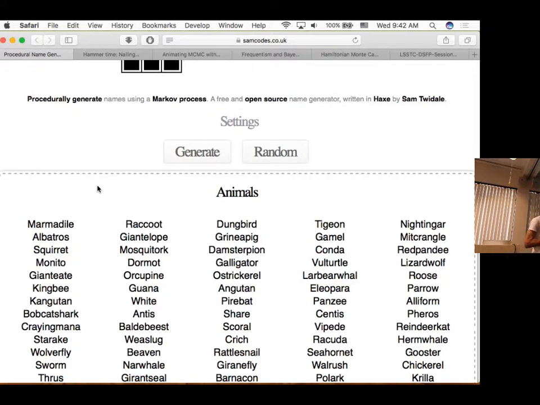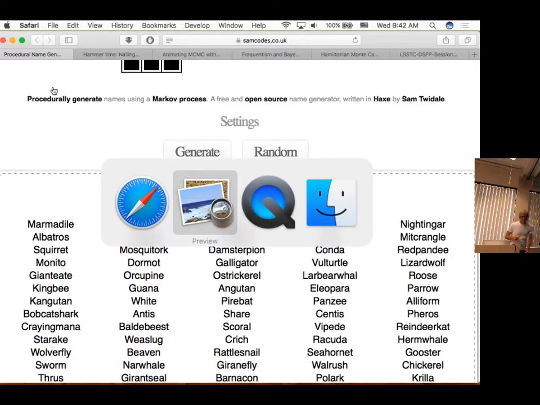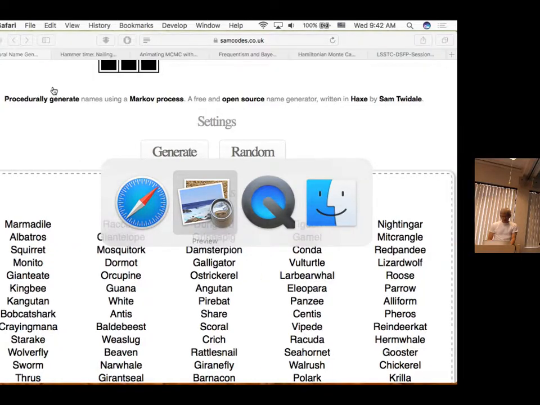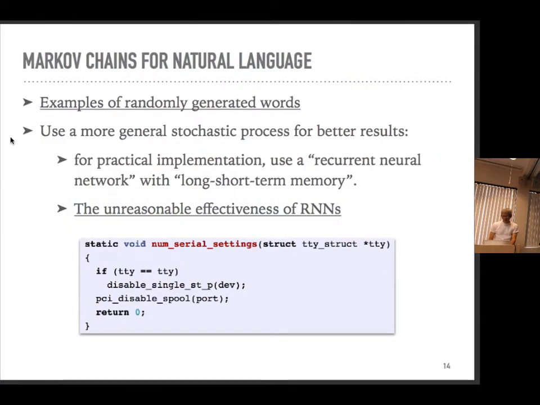What about sentences and paragraphs? I'm going to show you that in a second. But already, it's surprisingly good just using the Markov chain. You can go on and actually generate complete text, but it turns out to really do this properly, you need to use a stochastic process.